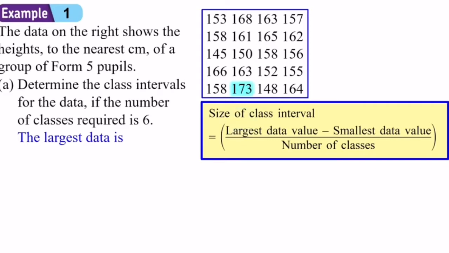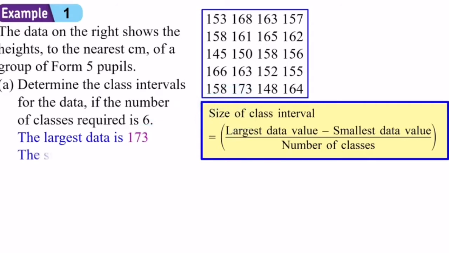The largest data is 173, right? If you look at that, it's 173.